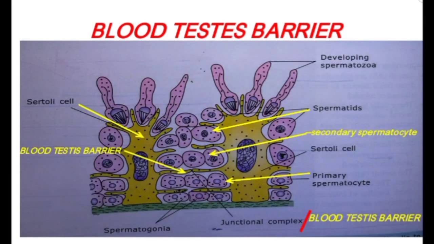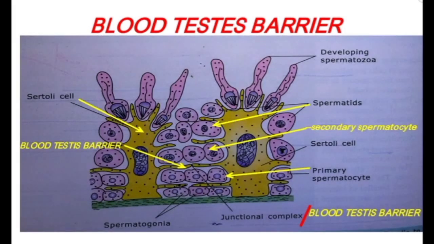This blood testis barrier is produced by the lateral extensions of the wall of the Sertoli cell, and these lateral extensions have occluding junctions, dividing the lumen of the seminiferous tubule into two compartments.